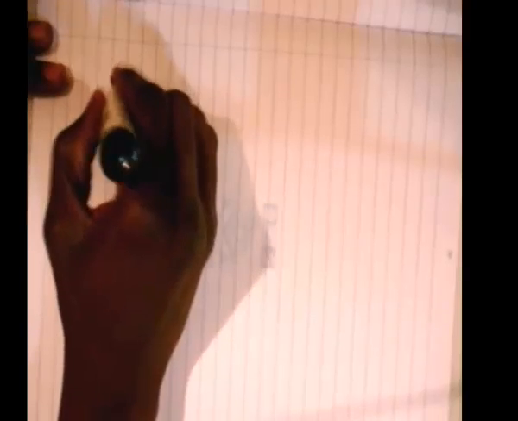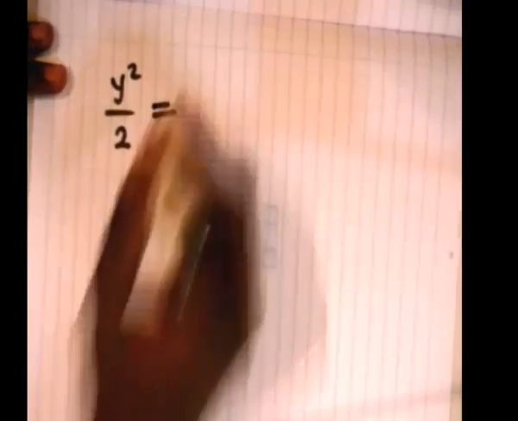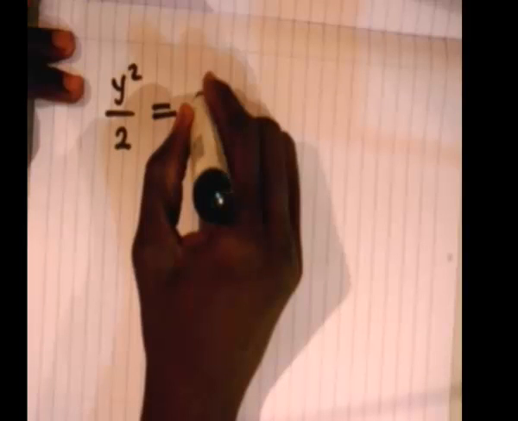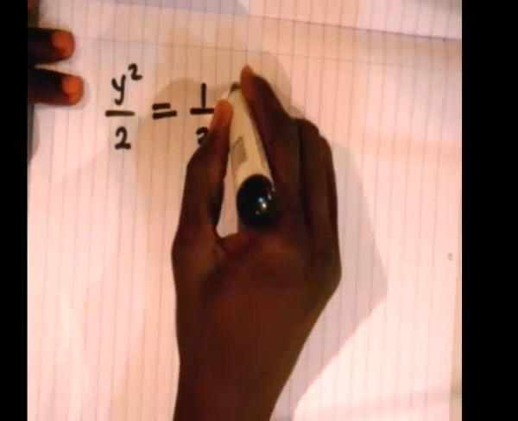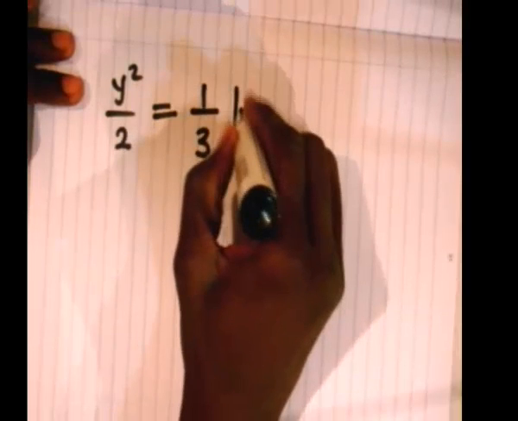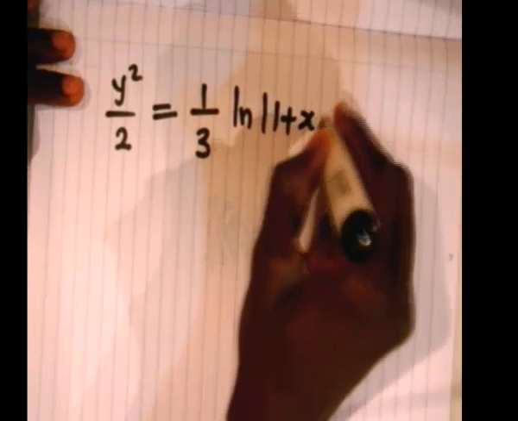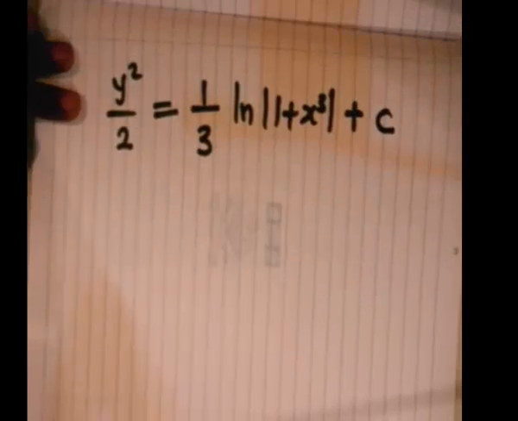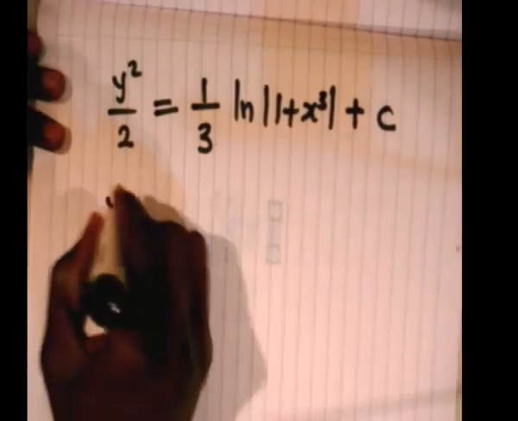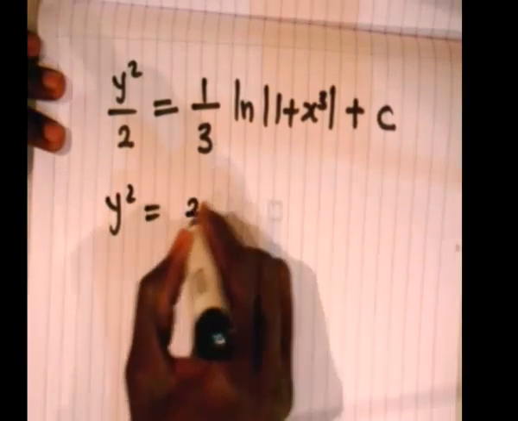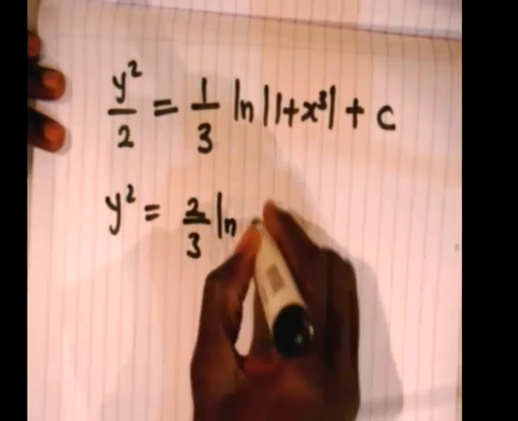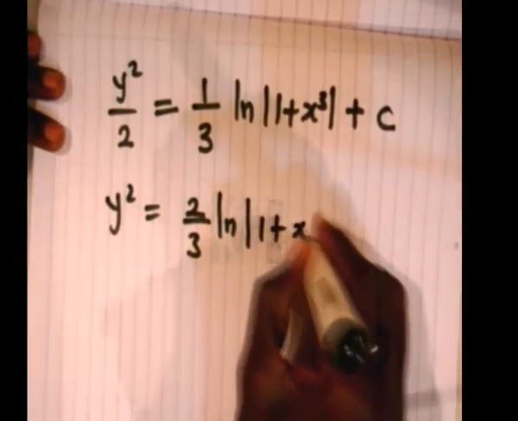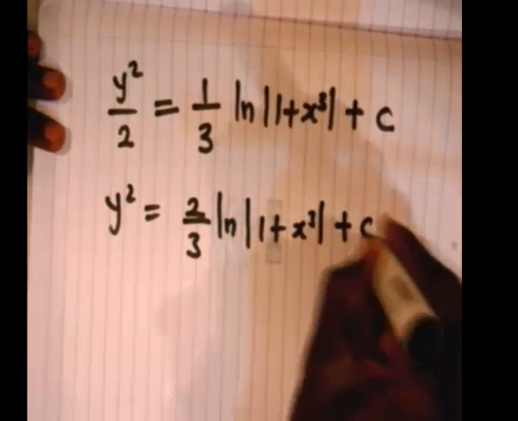When you integrate y, you get y squared on 2 equals, when you integrate x squared over 1 plus x cubed, you have 1 over 3 ln of the absolute value of 1 plus x cubed plus c. Multiply through by 2, you have y squared equals 2 on 3 ln of the absolute value of 1 plus x cubed plus c.